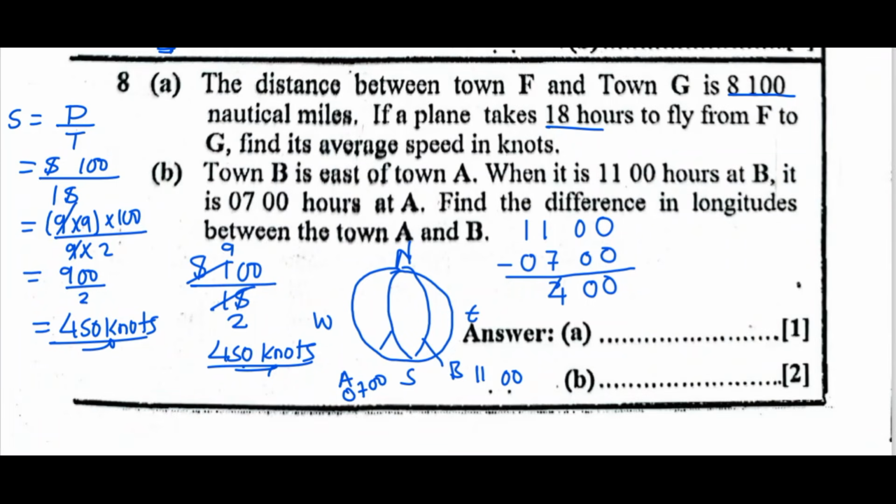So the difference in hours is 4 hours. Then to calculate the difference in longitude, the number of hours is multiplied by 15. So if we multiply 4 times 15, we get 60 degrees. So this was the answer.